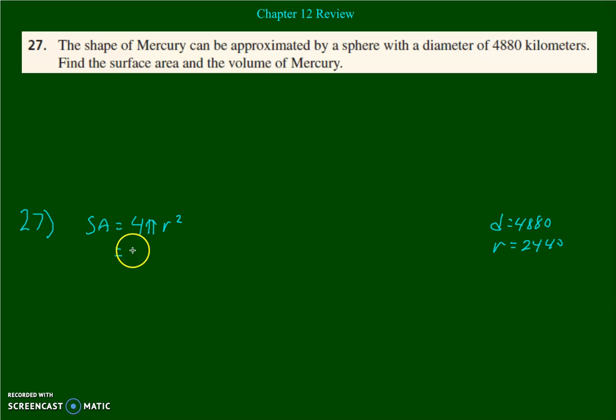So back over here, this gives us 4 pi 2440 squared, which gives us 2,381,440 pi square kilometers, which is approximately equal to 74,815,144.1 square kilometers.